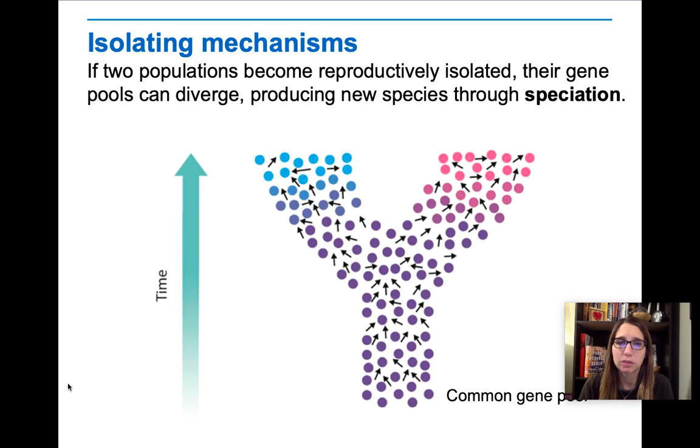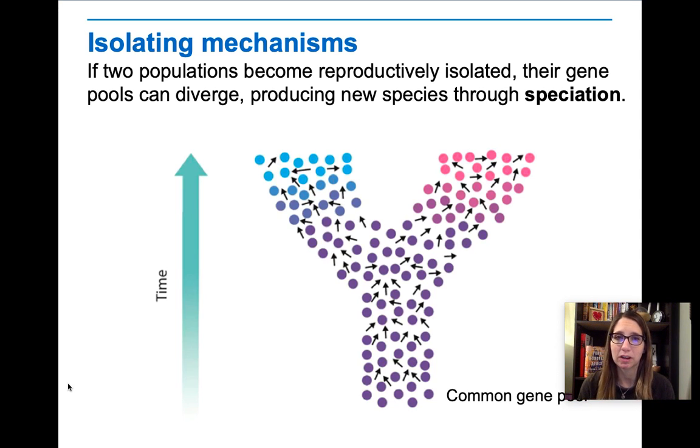Okay. So when we think about these isolating mechanisms, if we have two populations that become separated from one another in this way, where there is no more gene flow, they become what we call reproductively isolated, which means that they can't reproduce and create offspring with each other. There's something that's barring that from happening.